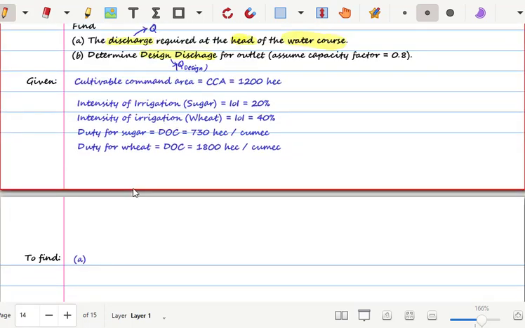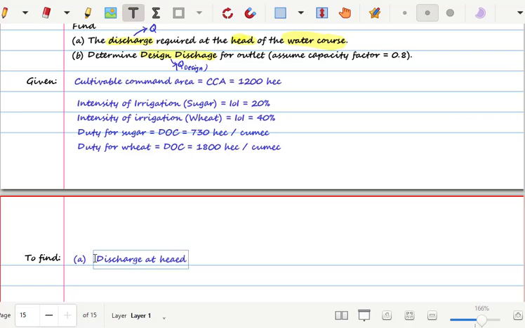The first thing we are supposed to find is what? We need to find discharge at head of what? Of water course. What is water course? For that you need to go back to the previous lectures, but I'll briefly explain it with a figure. So there is, we can call it Q. We need to find Q or Q average.